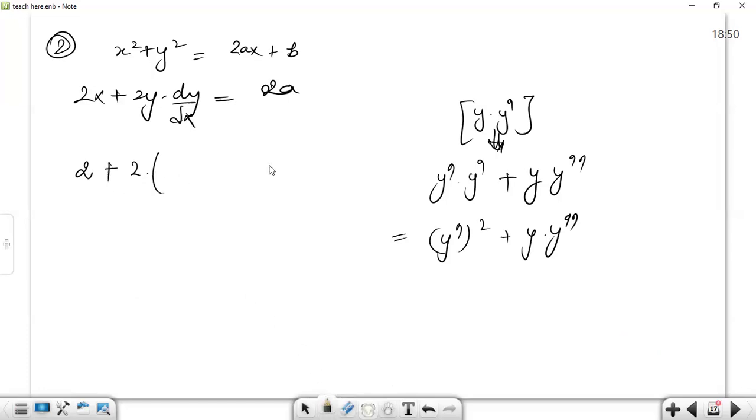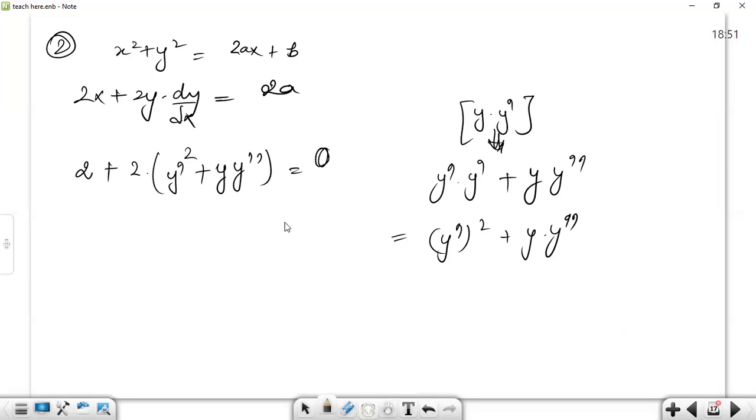So now the differentiation of this is y dash square plus y into y double dash is equals to, now the differentiation of 2a is simply 0.